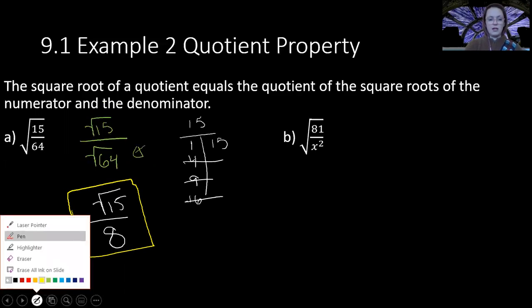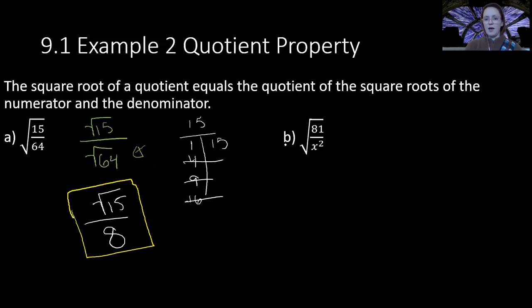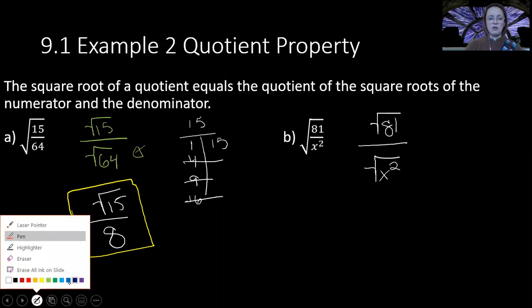So let's look at the second one, option B, and split it apart and see if we can simplify anything. Instead of being the square root of 81 over x squared, we're going to have two separate things: the square root of 81 over the square root of x squared. Now simplify each piece. Check out that square root of 81.